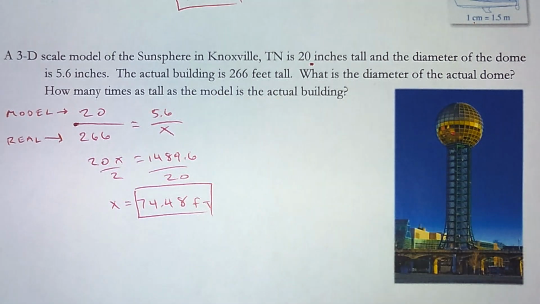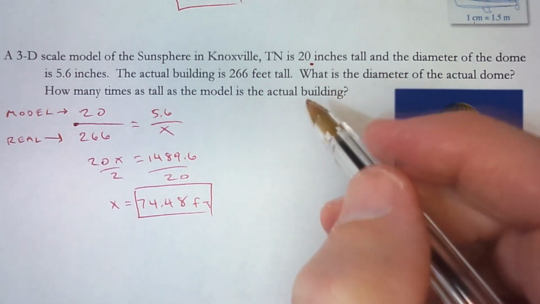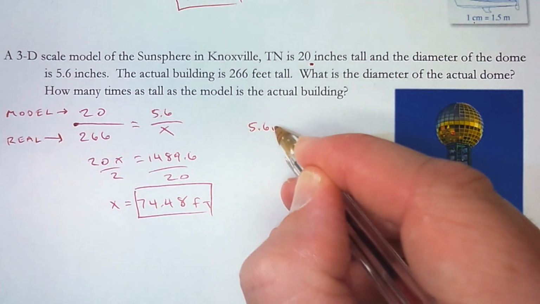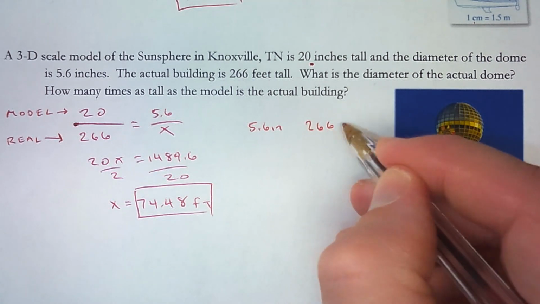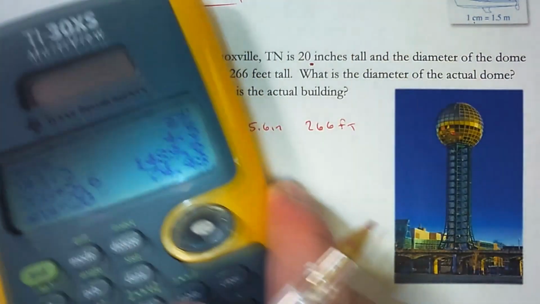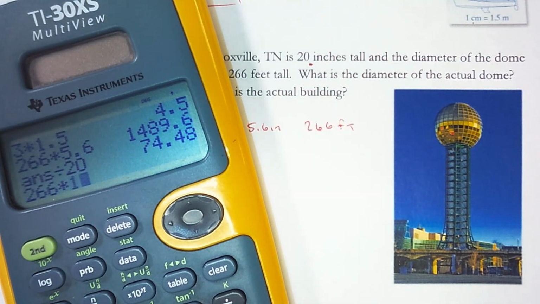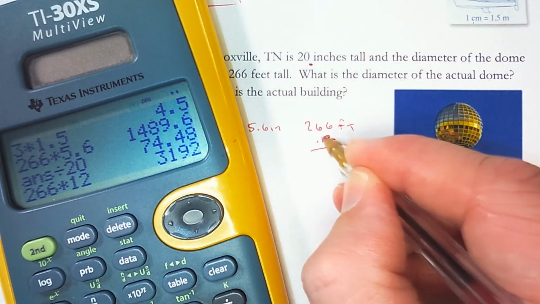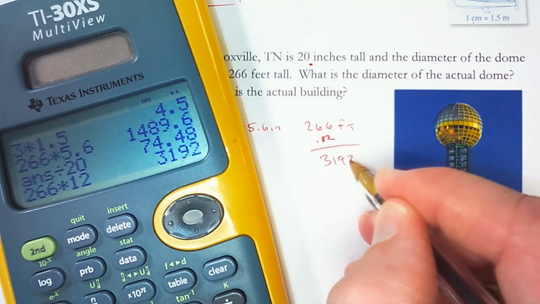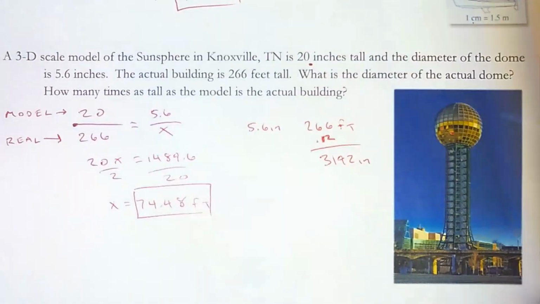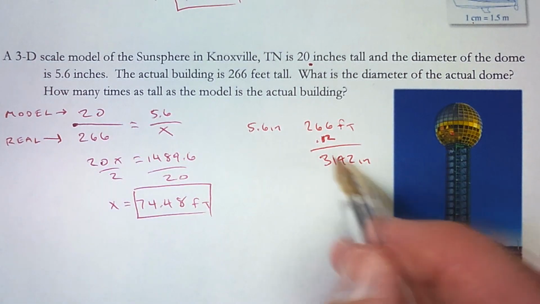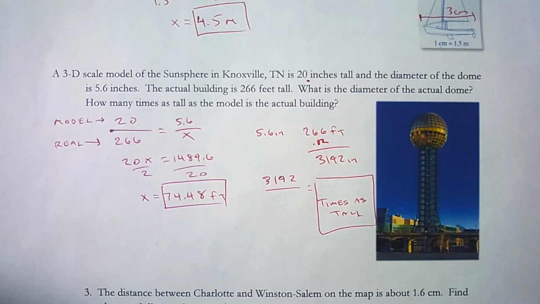How many times as tall as the model is the actual building? Okay, so for that we need an actual ratio. Now 266 feet times 12 is 3,192 inches. Okay, so to see how many times taller the building is than the model, I'm going to edit in a little correction here.